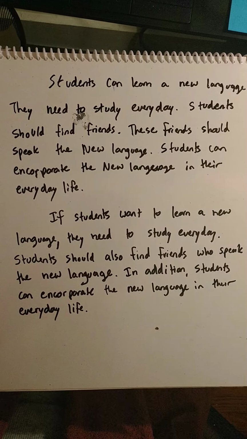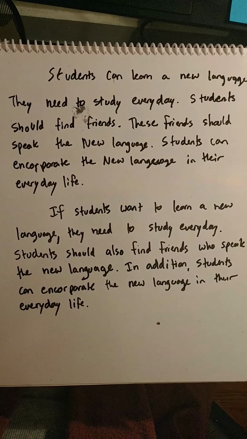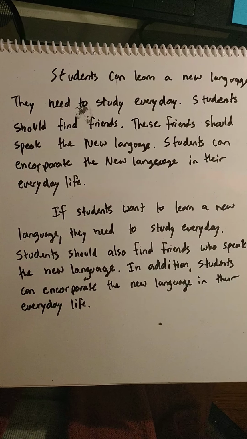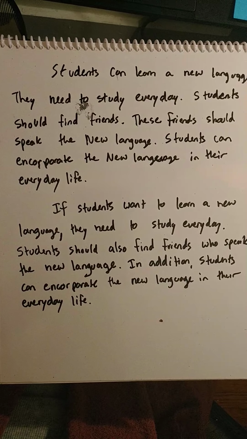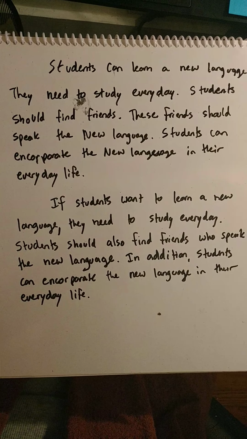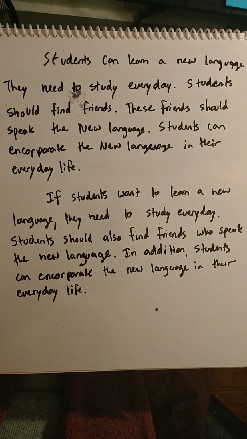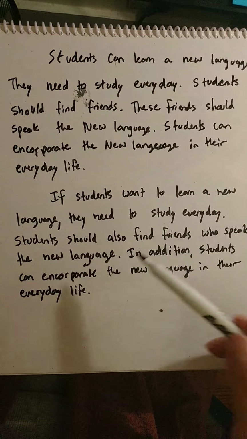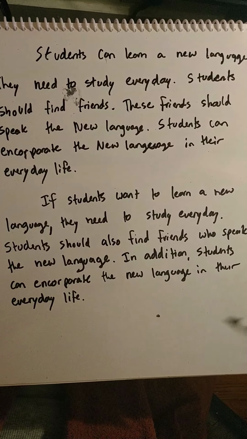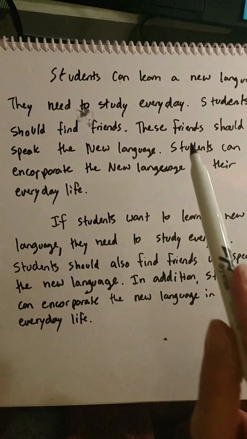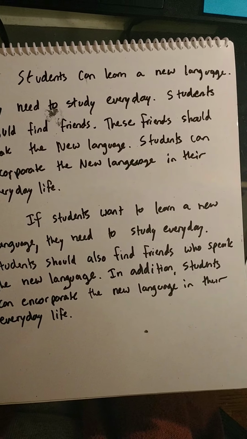If students want to learn a new language, they need to study every day. Students should also find friends who speak the new language. In addition, students can incorporate the new language in their everyday life. This flows more, it's not as choppy. The first one is a little bit choppy.